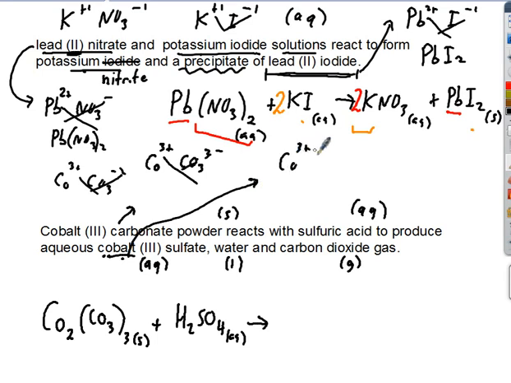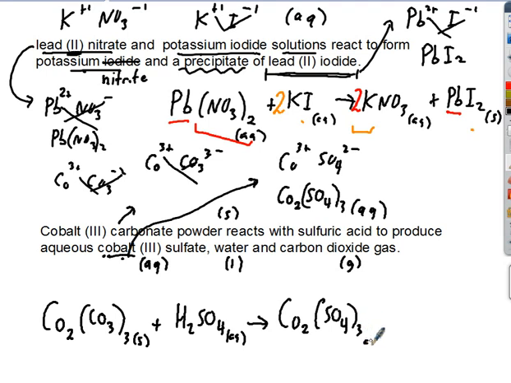Cobalt is 3+, sulfate is 2-, I cross them over, I get Co2, SO4, 3, so that's going to be Co2, open the bracket, SO4, 3, aqueous, plus it's going to be water, liquid, plus carbon dioxide gas. So we've got the formula of all these species correct.